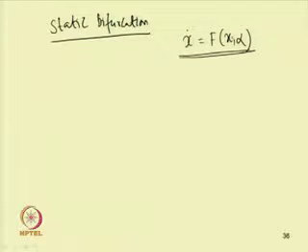In this case, alpha is the control parameter. To find the static bifurcation point, the first condition is f(x0, alpha0) must be equal to 0, where alpha0 is the bifurcation point.